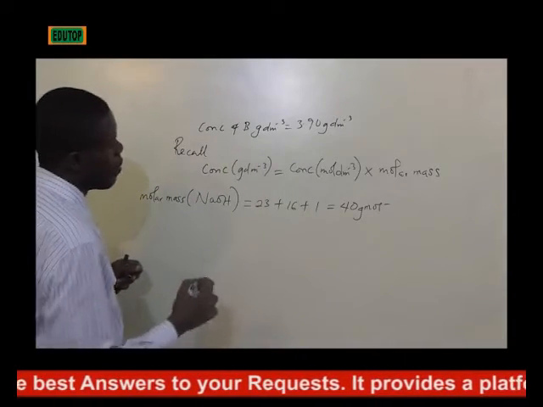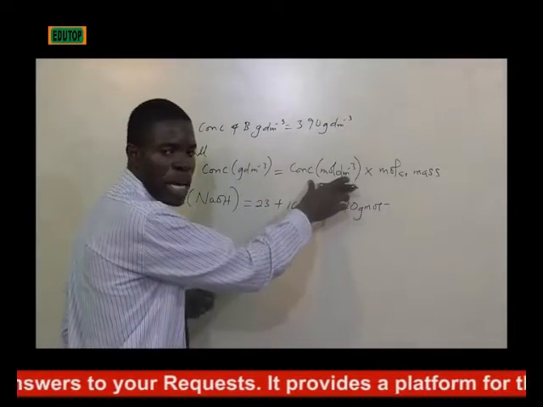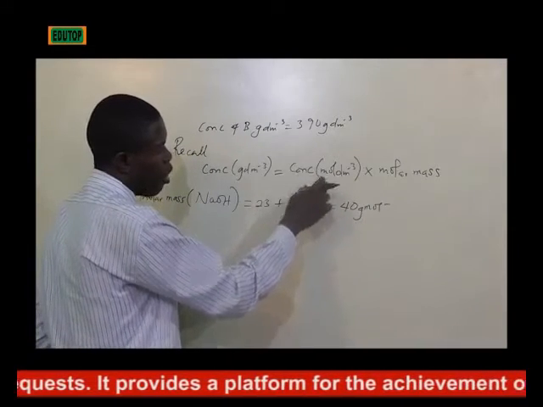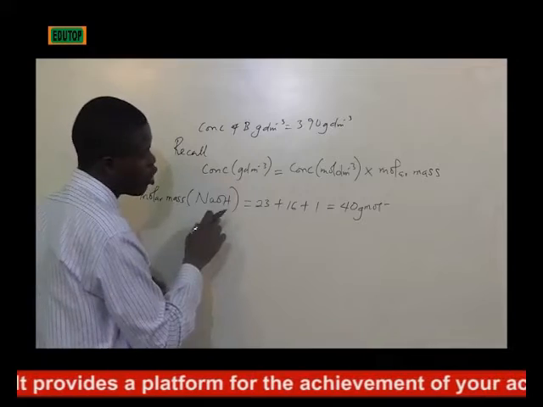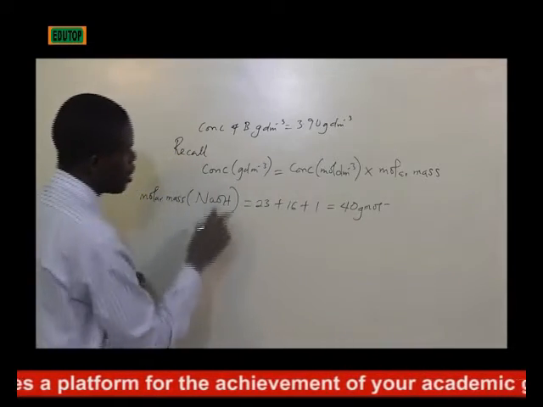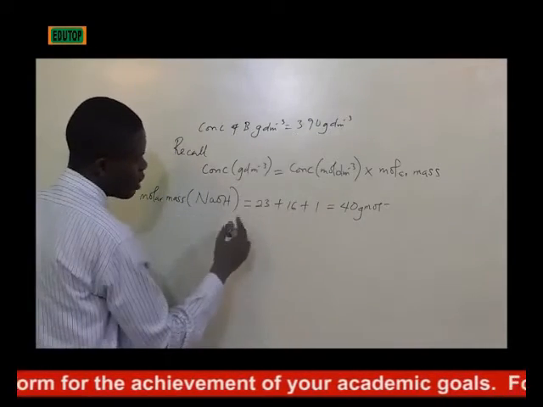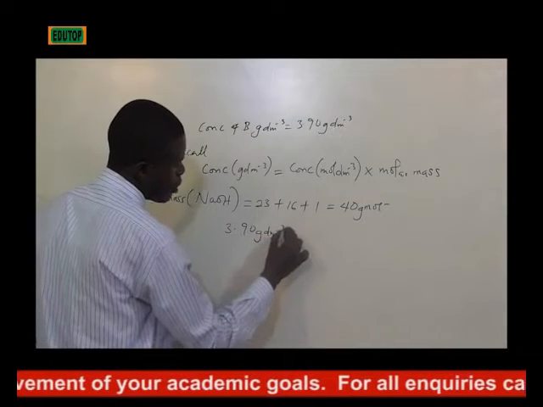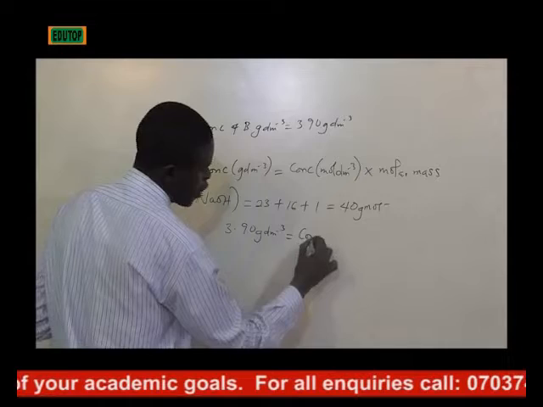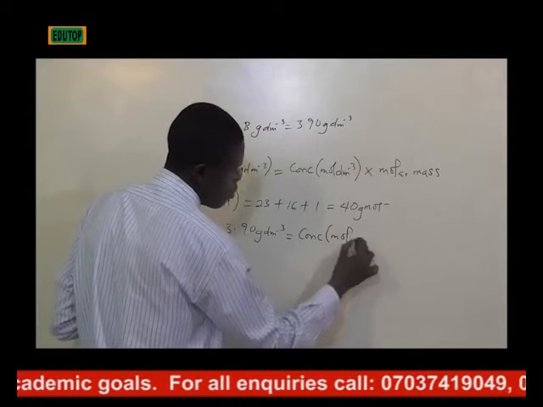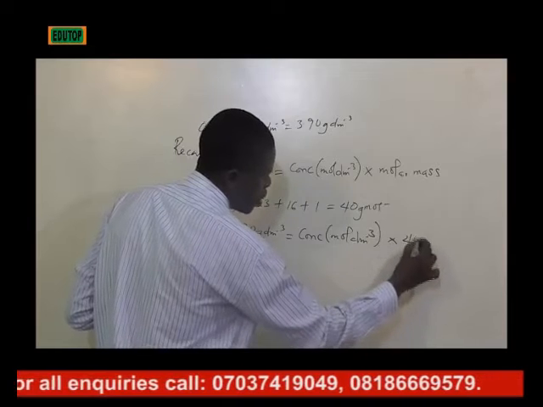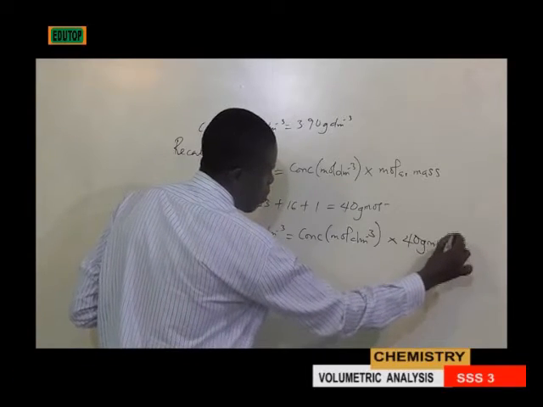Now, our interest is to calculate the concentration of this sample B, which is sodium hydroxide, in mole per dm cube. Concentration in gram per dm cube has been given to be 3.9 gram per dm cube. This is what we are to calculate, concentration in mole per dm cube times the molar mass, which is 40 gram per mole.